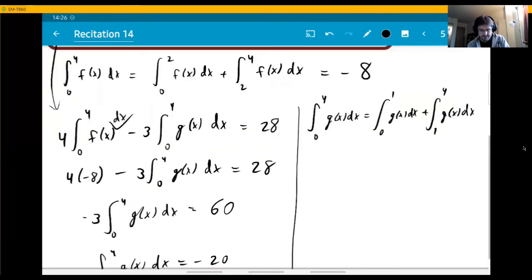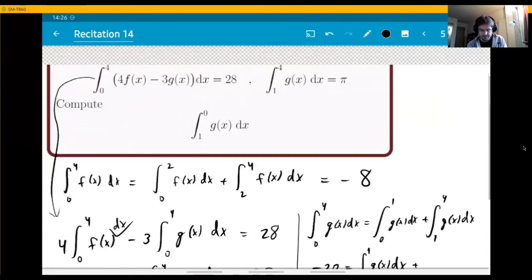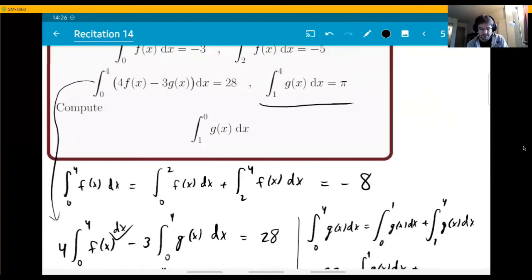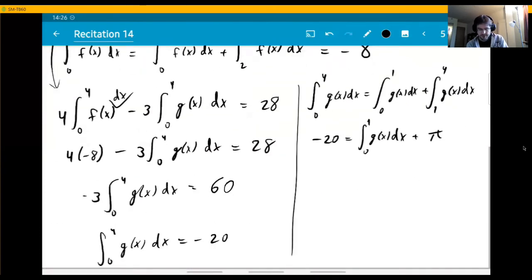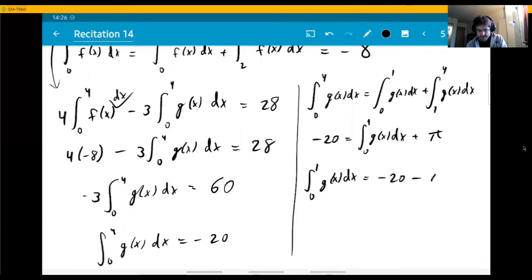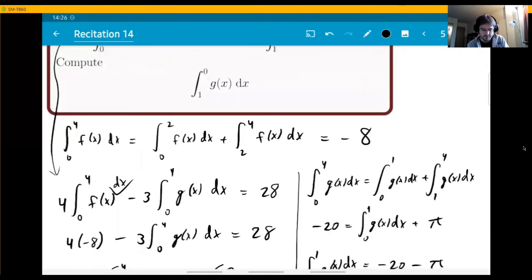That's -20. 0 to 1 is kind of what we want. 1 to 4 was given in the problem. Let me look up there. 1 to 4 for g is the number pi. So from here, you can find that the integral between 0 and 1 is -20 minus pi. That's not really the one that you want. The problem, for whatever reason, wants it from 1 to 0.